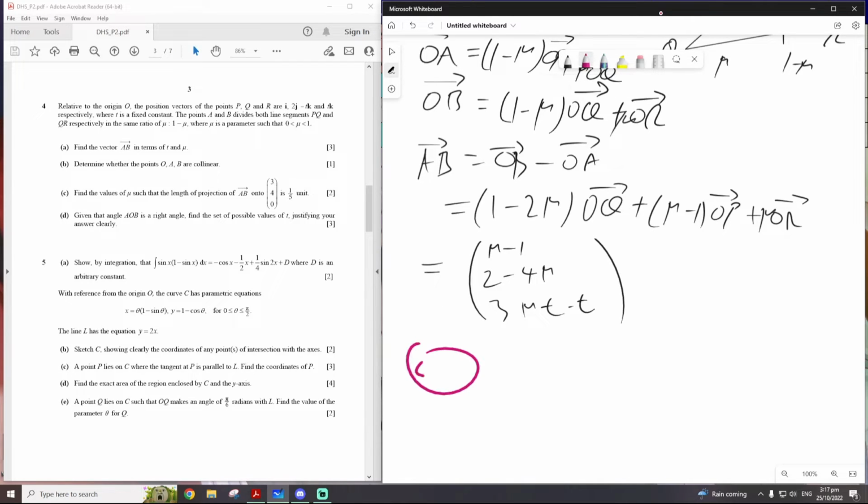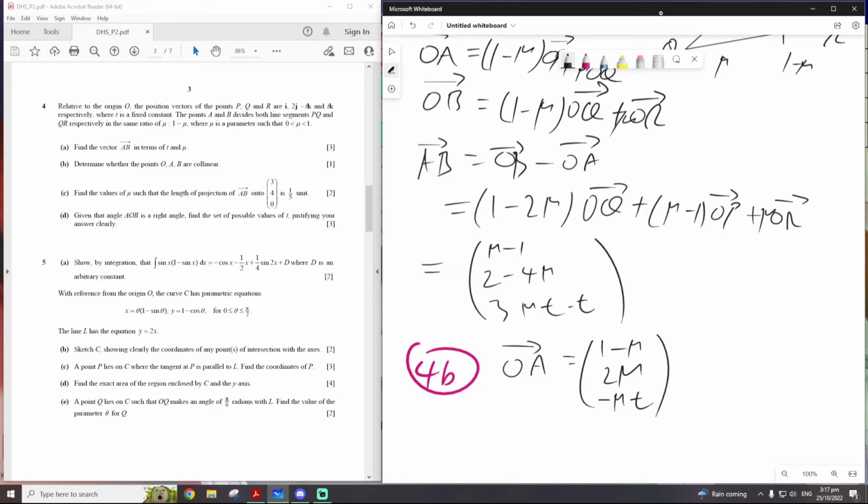So for B, OA is (1 minus mu) OP, which means it is 1 minus mu up here, and mu OQ just means it's 2 mu and minus mu t here.